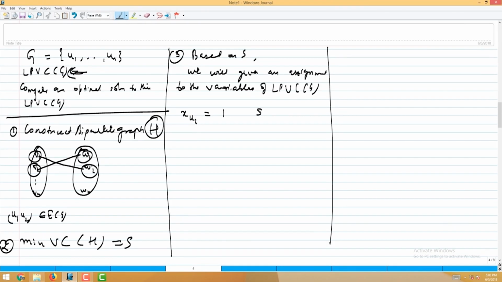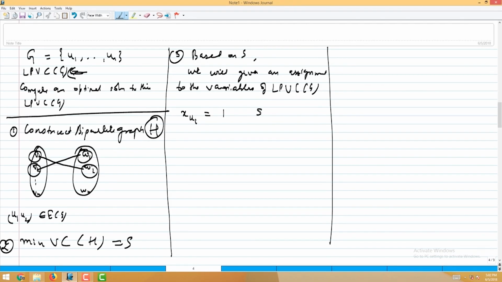then we have to prove that it's not just feasible, it's the minimum possible, like it is an optimal assignment. But first let me give you an assignment. The assignment is as follows. For any vertex ui in G, what is the assignment? I'm giving this assignment based on the vertex cover. Suppose S picks both the copies of ui. Look at the vertex cover S, it is picking some vertices of H, right?